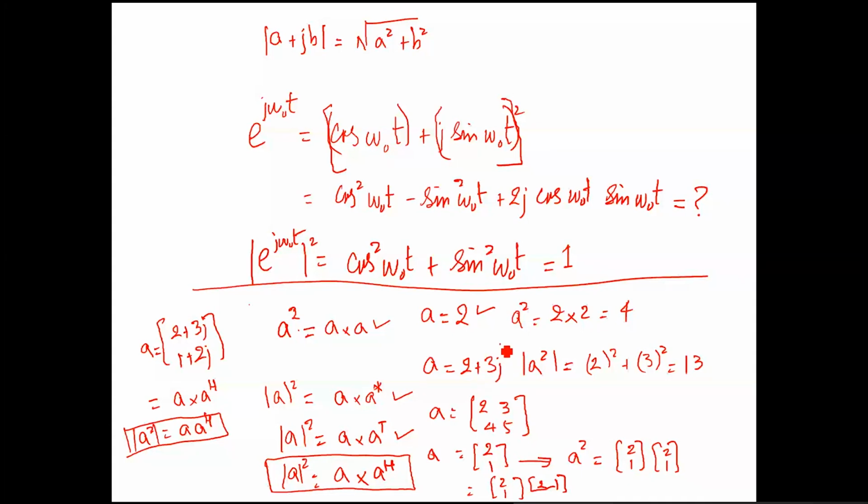So this is also going to be true, because this squaring would be just 2 plus 3j into 2 minus 3j. It is just A plus B into A minus B. What is A plus B into A minus B? A square minus B square. But if you have a j in this B, that minus ends up becoming plus.